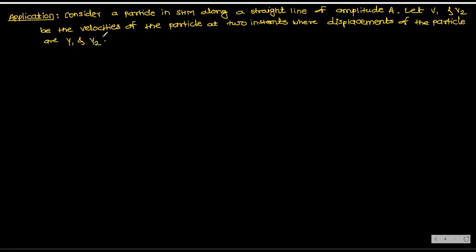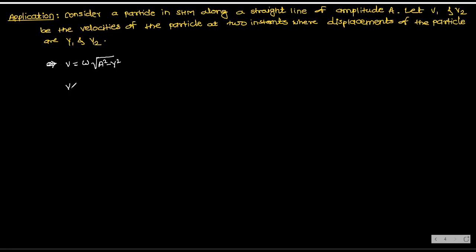Okay. So the particle is in SHM. They are having two velocities at two instants where displacements are y1 and y2. Okay. Now, see, we know the formula v is equal to omega under root a square minus y square.